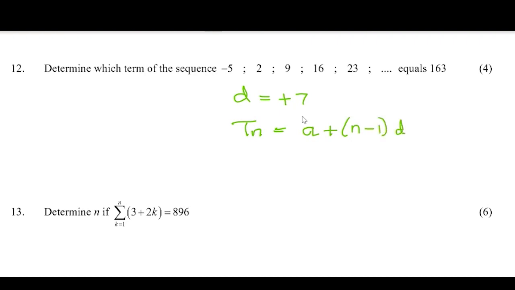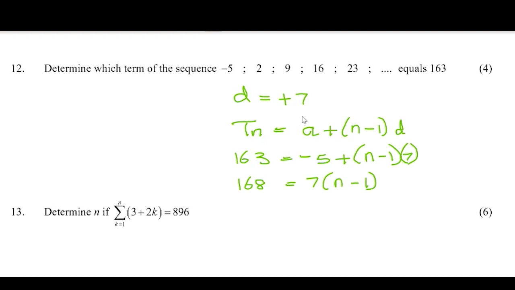And we get 163. A is minus 5 plus n minus 1 lots of 7. Right? And let's add 5 to both sides. We get 168. Is 7 lots of n minus 1.